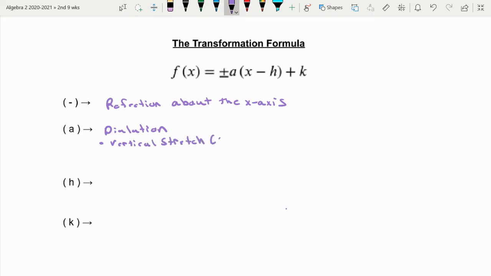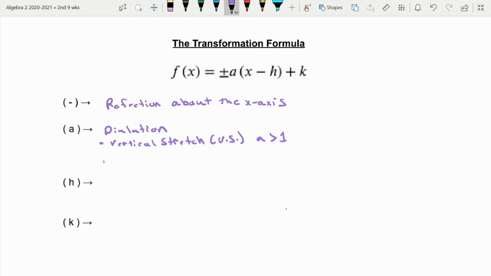The vertical stretch, I'll put VS for short sometimes, is when your a value is bigger than 1. It's not equal to 1 because if it was 1, there's no change. Anything times 1 is itself. So if it's a number bigger than 1, like a 5, it's going to blow up by a factor of 5. So vertical stretch by a factor of a.